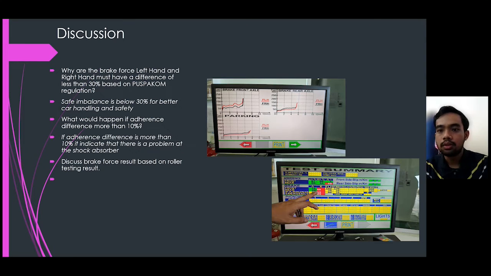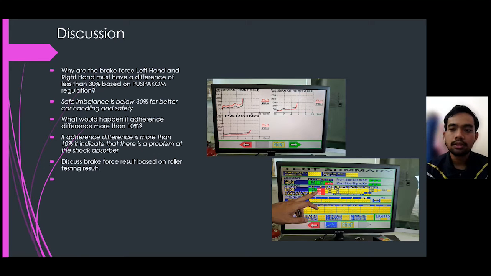It is because several problems can occur to the car, especially to the handling and also the brake performance. For example, if the car has brake imbalance above 30%, the car will be pulling to one side when under braking.